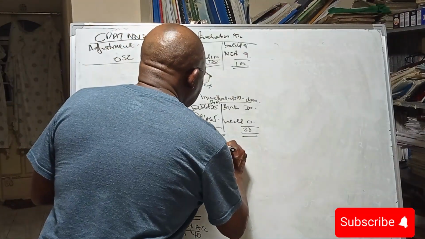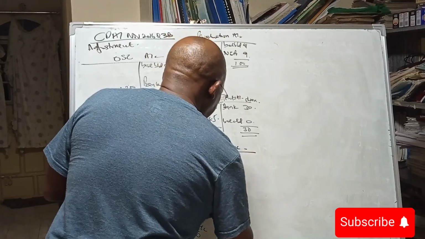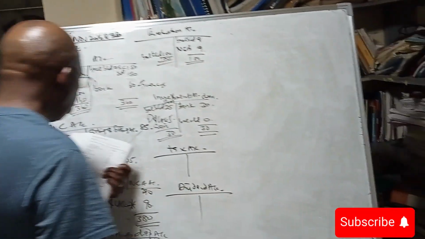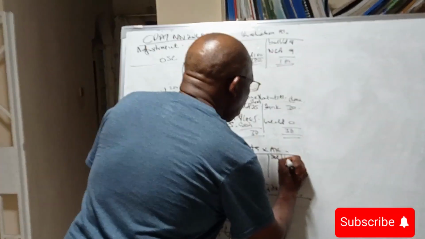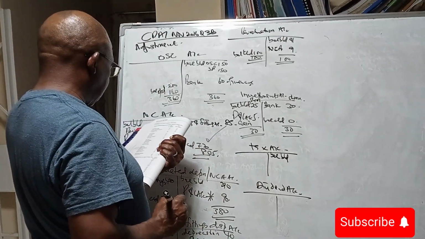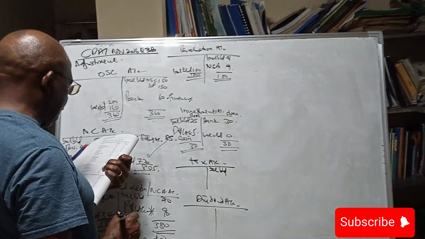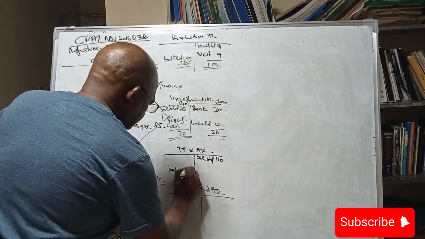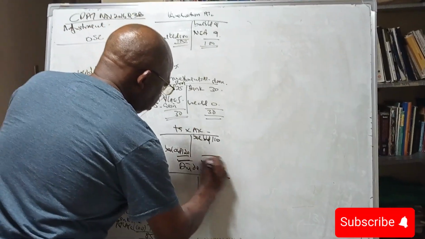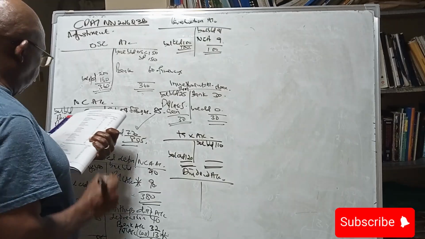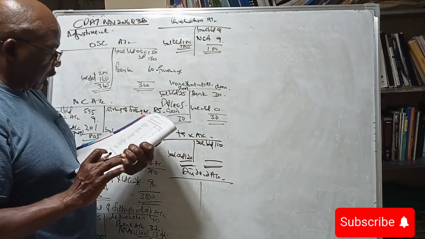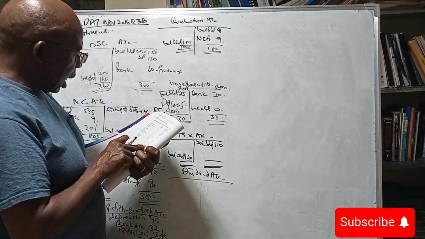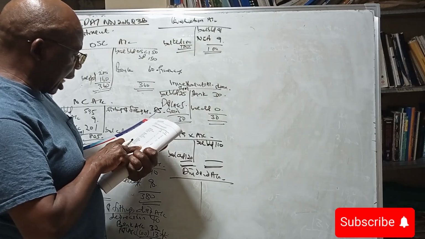So we have our tax account, and we have our dividend account. For the tax account, the balance brought down, corporation tax, is 110, and the balance carried down is 120. I'm getting them from the balance sheet: the closing balance for 2015 is 110, and the closing balance for 2016 is 120.